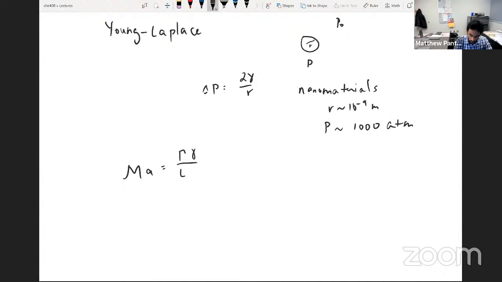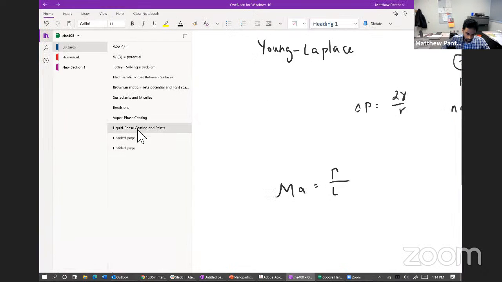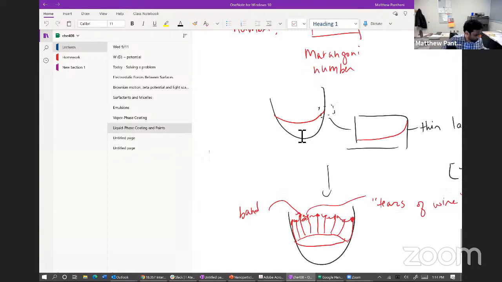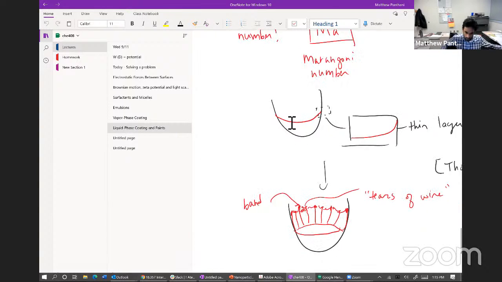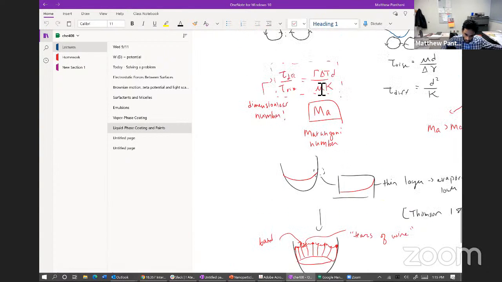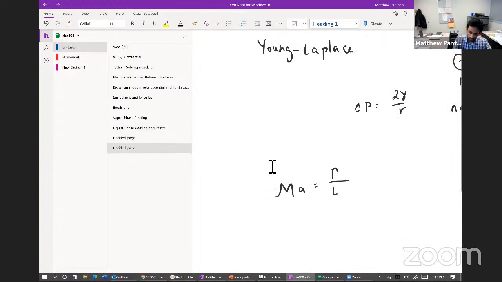No, sorry. Wait, I can't remember how we defined it. Let me look back really quickly to remember how we defined it this year. So the Marangoni number, we defined as gamma delta T d over mu kappa.